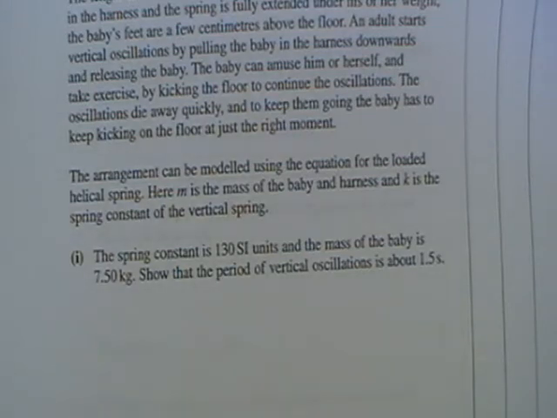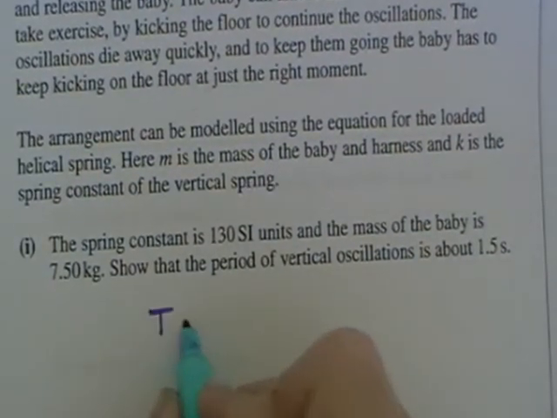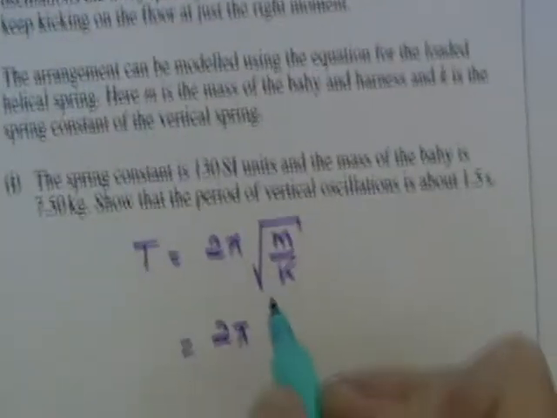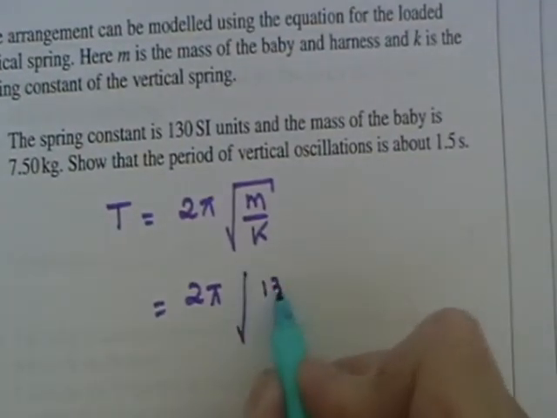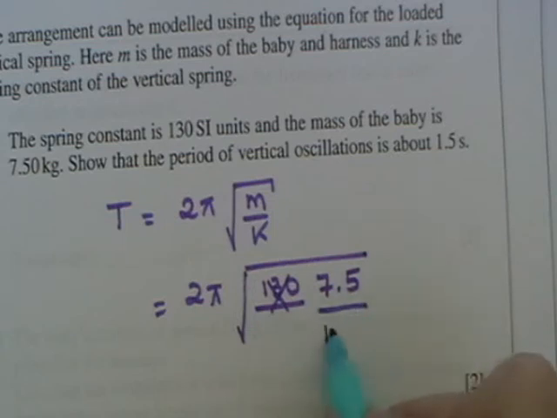Part 1. The spring constant is 130 SI units and the mass of the baby is 7.5 kilograms. Show that the period of vertical oscillations is about 1.5 seconds. Now the equation T = 2π√(m/k) isn't on your syllabus anymore, but because they've given it to you, there is a chance they might give it to you again and ask you to use it. So we'll just put the numbers in: 2π√(m/k), that's 2π times the square root of, sorry, that's the other way around, 7.5 over 130.